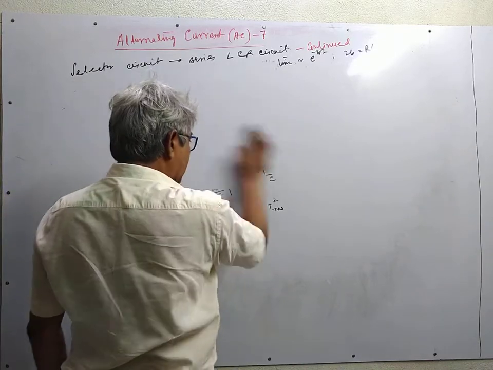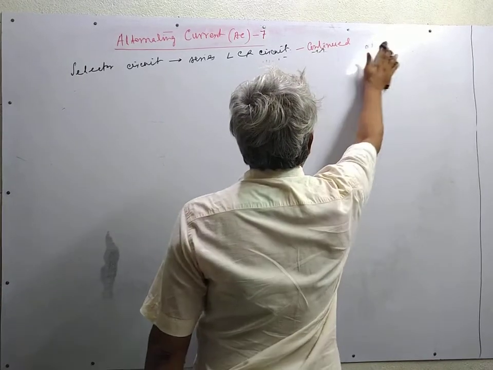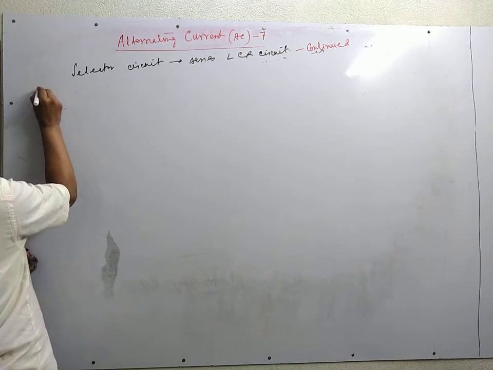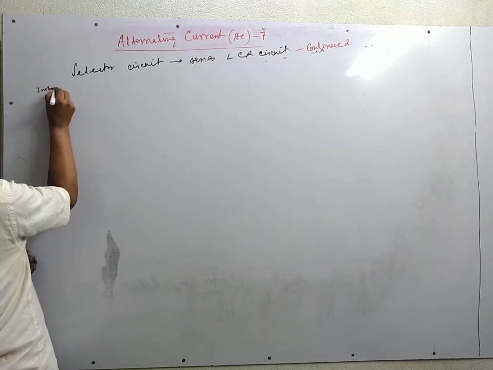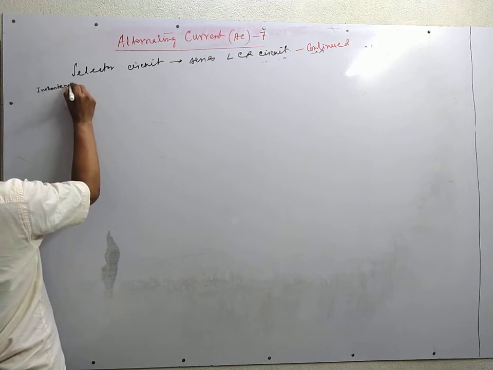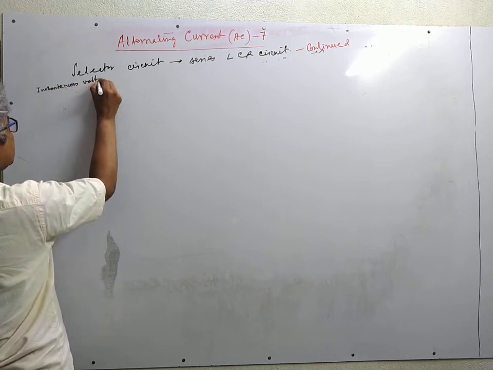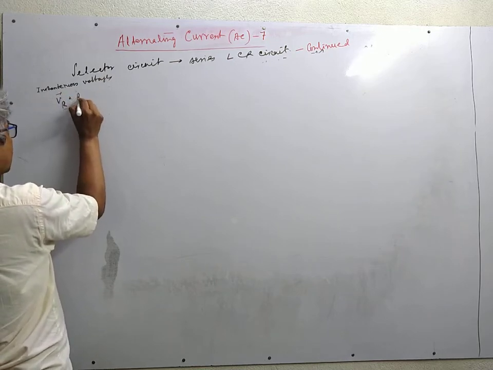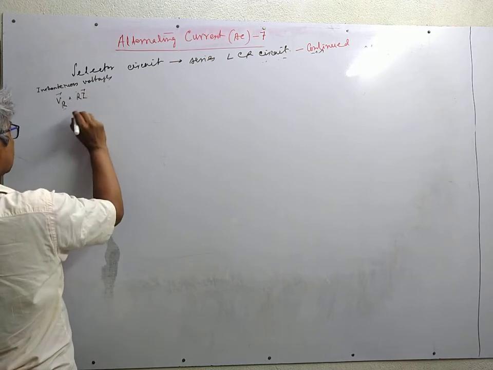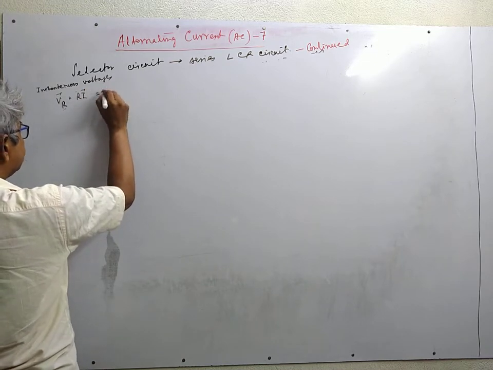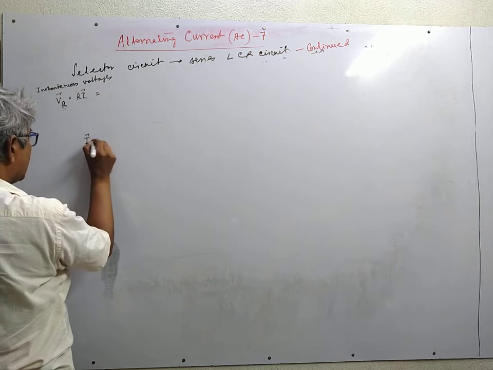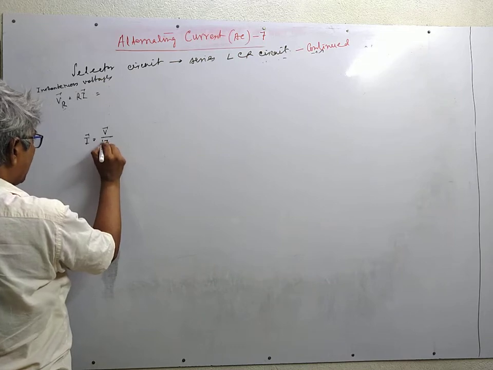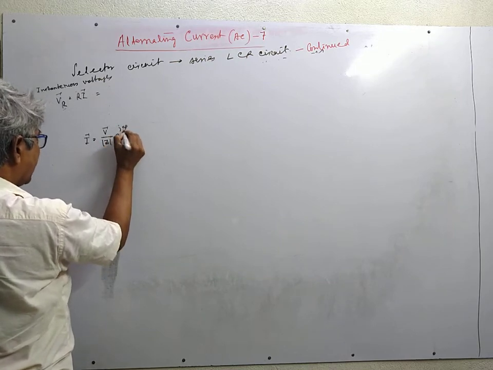the voltages across L, C and R, instantaneous voltage, VR, R times I. So this is equal to, you know that I is equal to V by mod Z e to the power J phi.